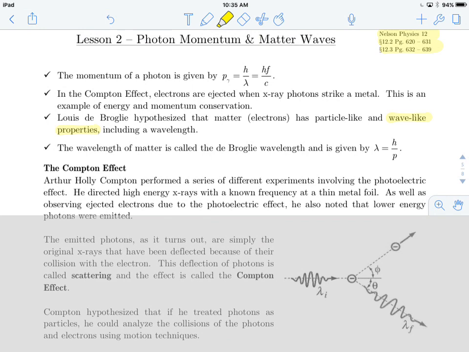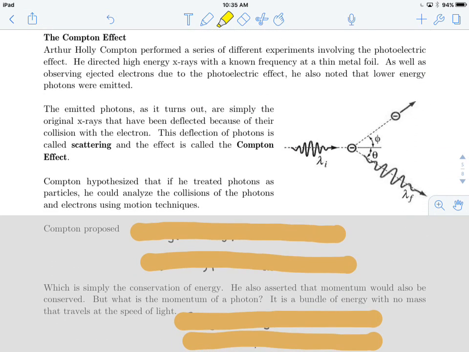So first, let's turn our attention to the Compton effect. Arthur Holly Compton, back in the 20s, performed a series of experiments involving the photoelectric effect, so this is very closely tied to that. He directed high energy X-rays with a known frequency at a thin metal foil.